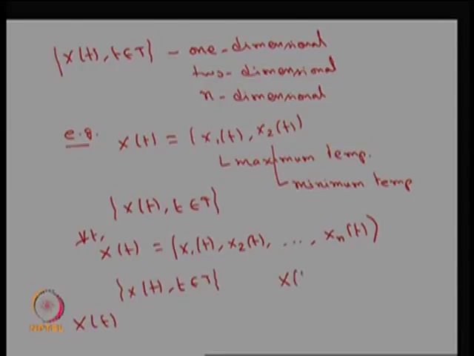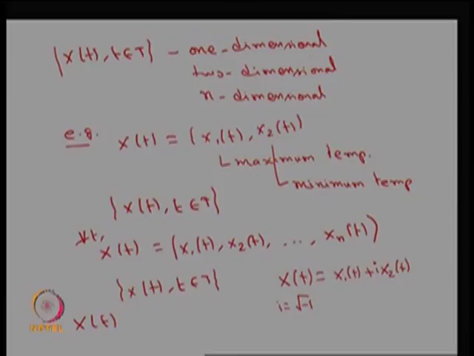Let me define it here. The x of t is going to be x1 of t plus i times x2 of t, where i is nothing but the complex quantity square root of minus 1. That means the x1 of t is a real valued random variable for fixed t, and x2 of t is also a real valued random variable for fixed t.